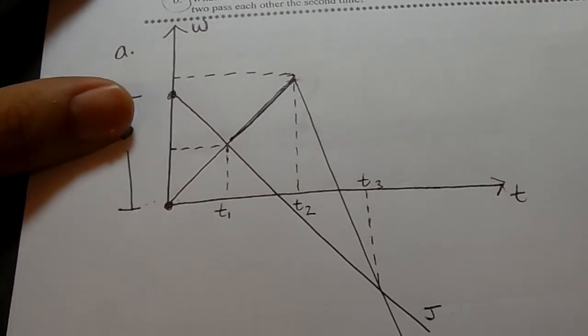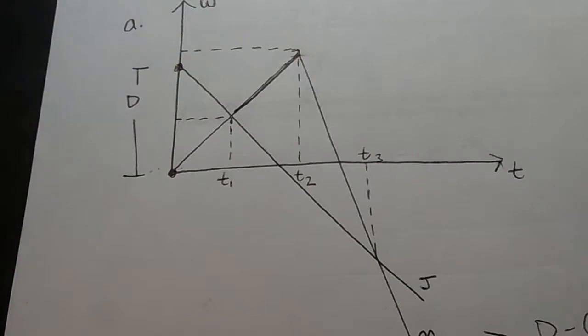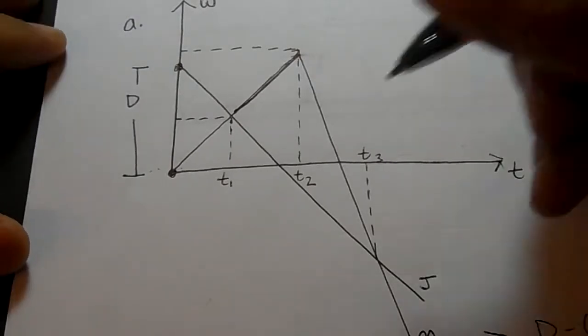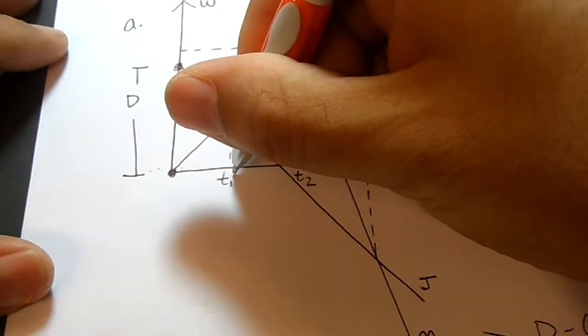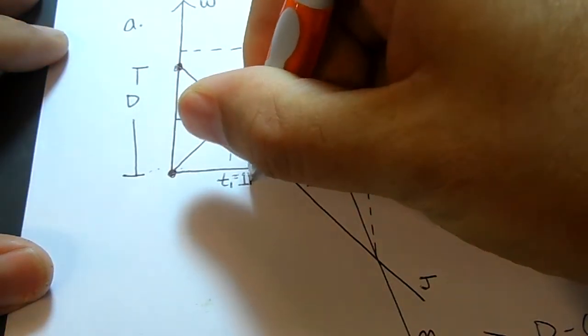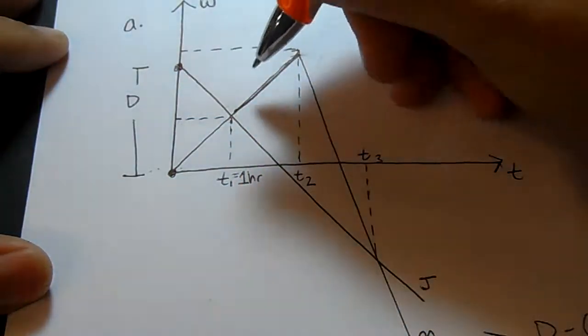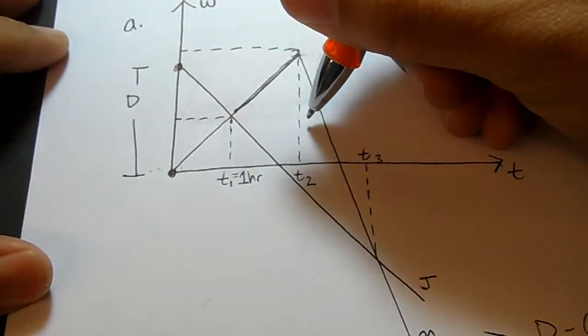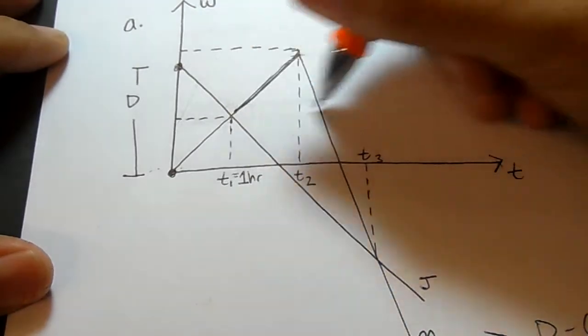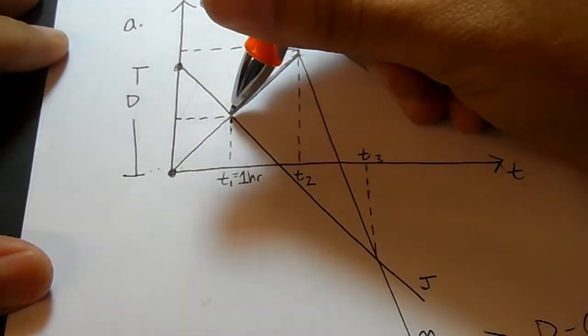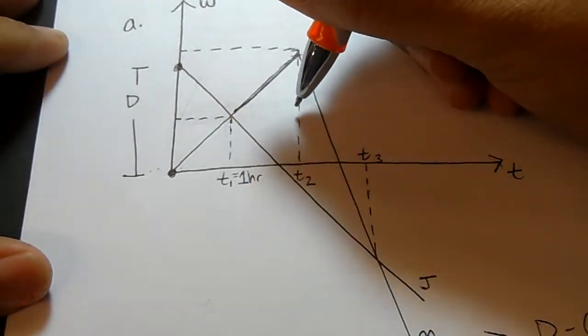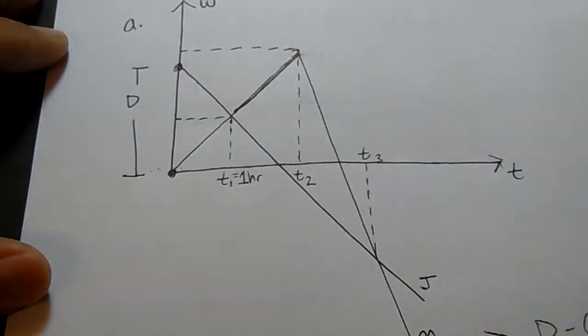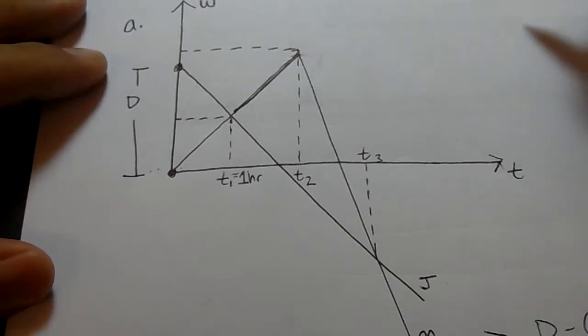So this is where I'm going to make heavy use of the diagram that I've got drawn here in Part A. I already know that T1, where they first meet, is 1 hour. So then I'm going to find sequentially what the distance between T1 and T2 is. I mean, the distance in the time direction, so the time difference between T1 and T2, and then between T2 and T3 in stages, and that'll simplify getting to the final answer.